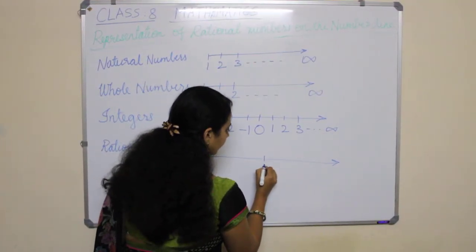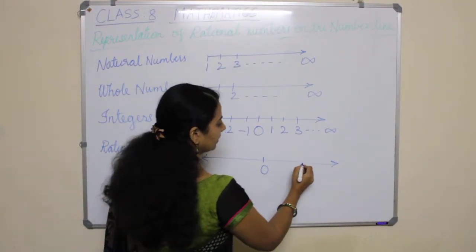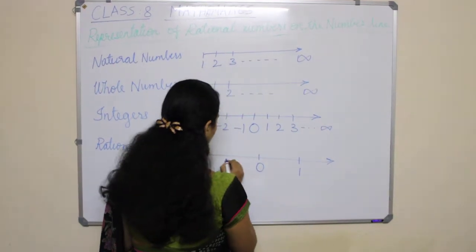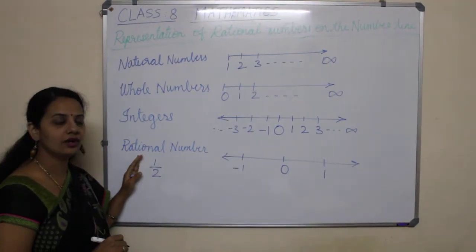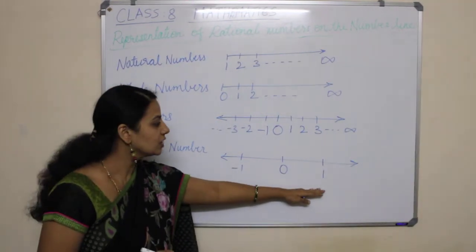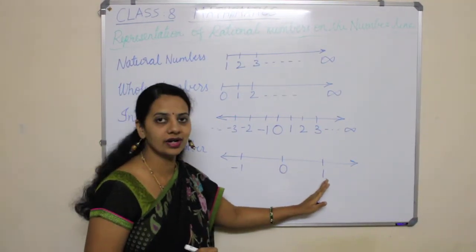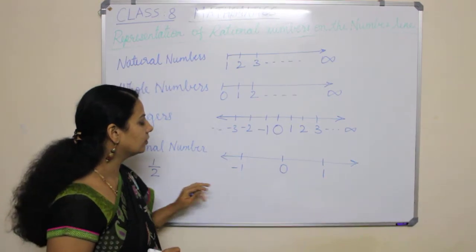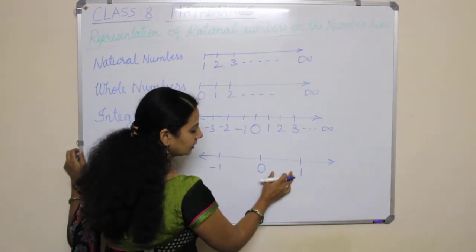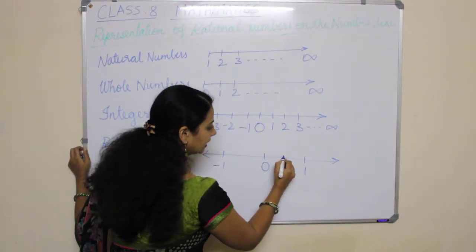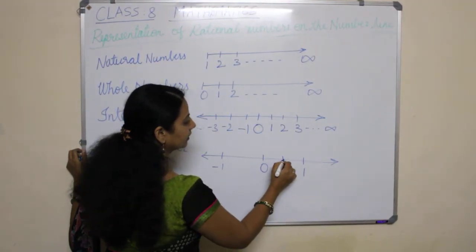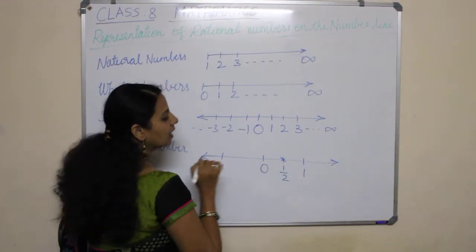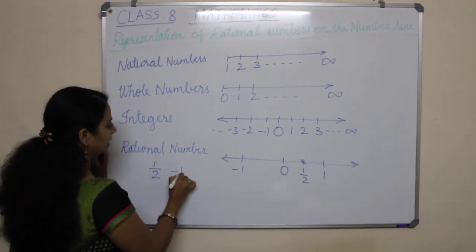So take this middle point as 0, then comes your 1, and on this side you have -1. We all know that half is less than 1. So it has to come in between 0 and 1, right? So divide this part into exactly half. So this half comes over here. This point represents half. The same way minus half.